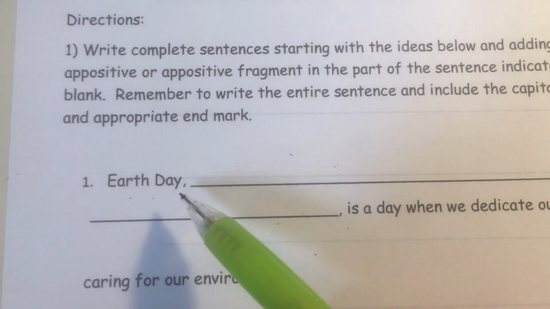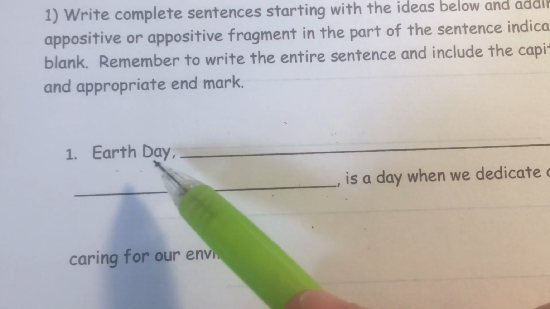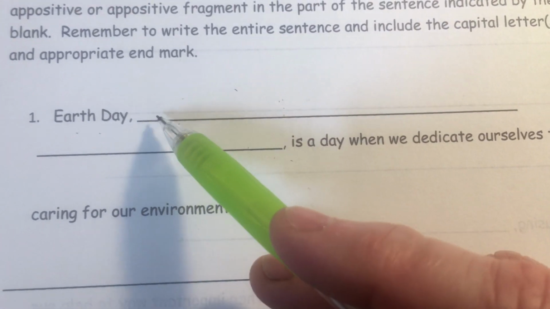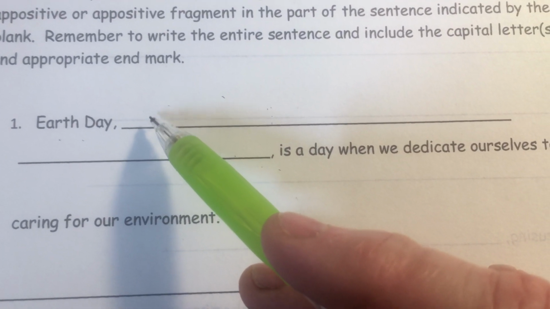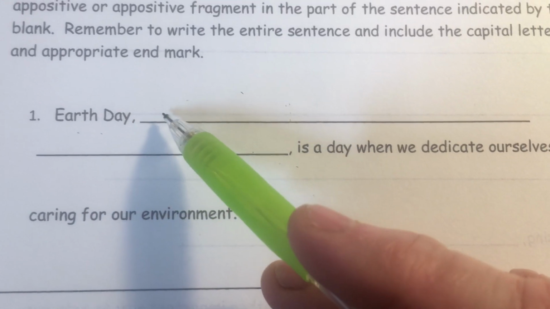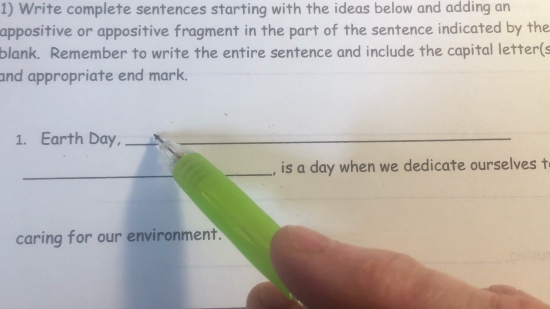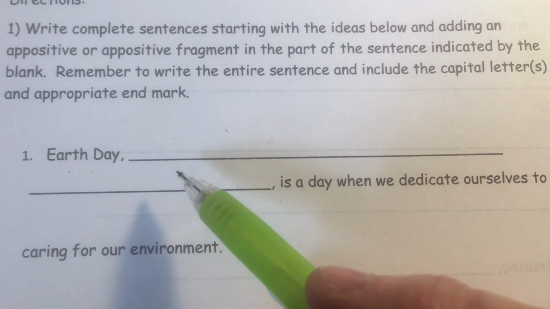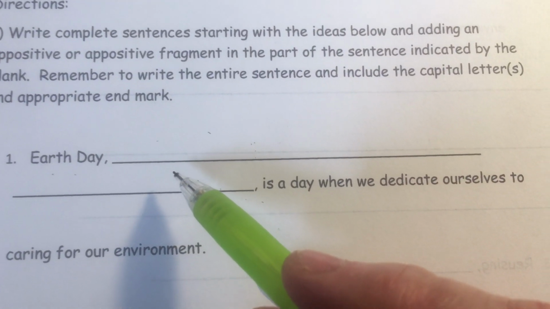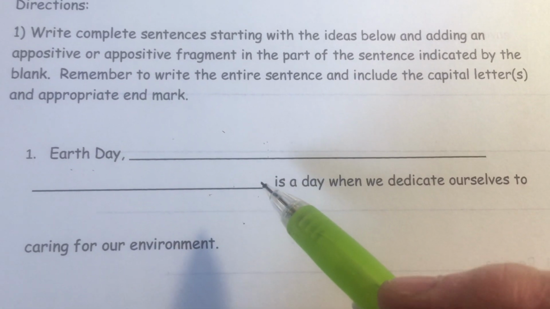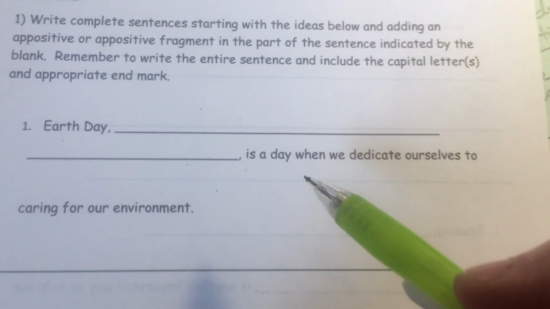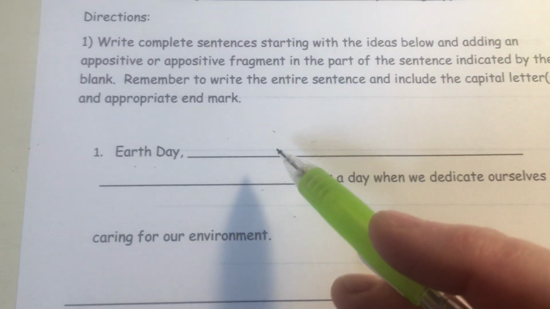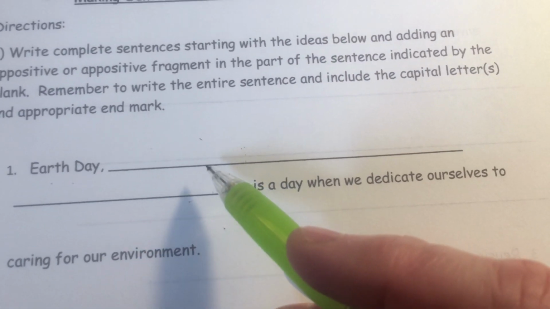I might say my detail that I think is really cool is, I might say something like Earth Day, comma, started 50 years ago by Gaylord Nelson of Wisconsin, comma, is a day when we dedicate ourselves to caring for our environment. That's a lot of words that I just came up with, but I think it's so cool.